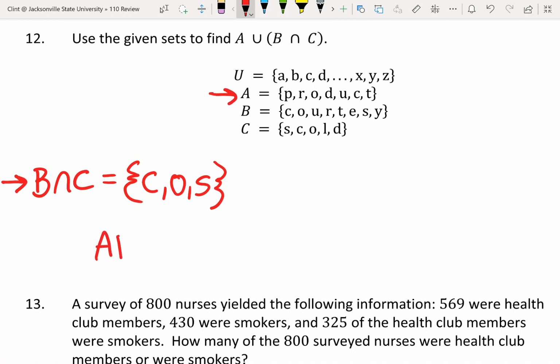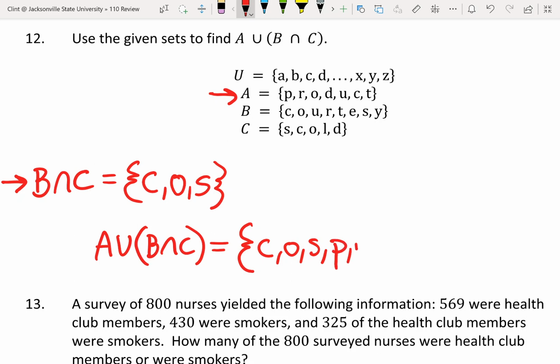So we want A union B intersects C. So doing the union, I'm just going to write down the three in my new set, C, O, S, and then anything I'm missing out of A, I'll put in there. So I need P, I don't have R yet. I already have O. I need D, I need U. I already have C, and I need T.